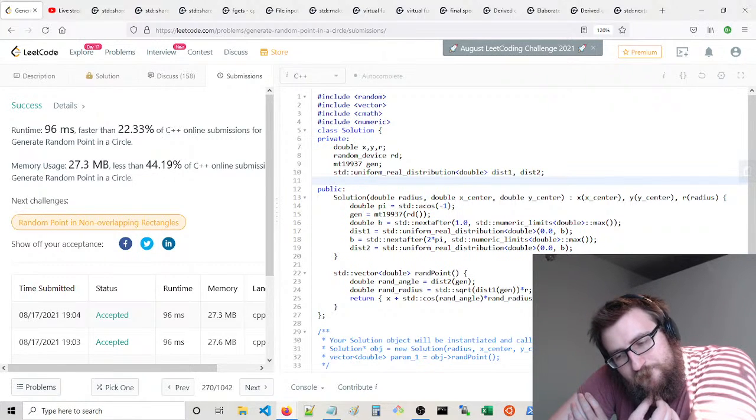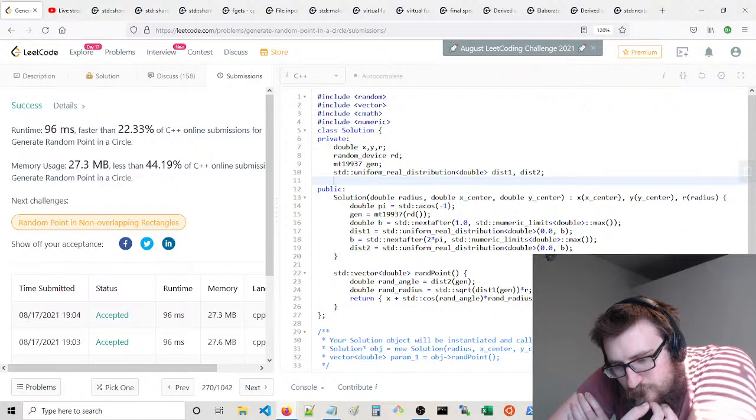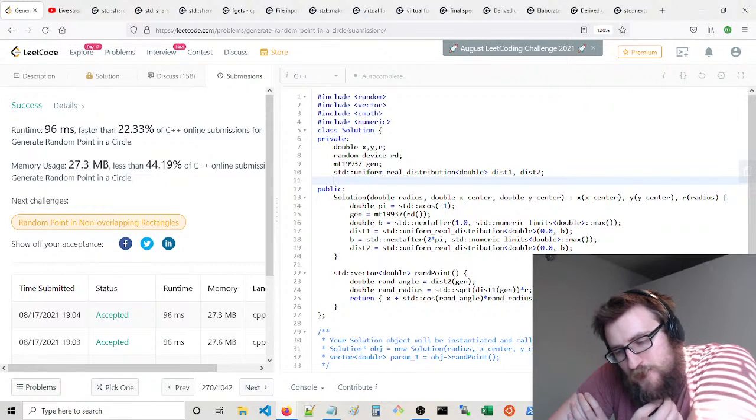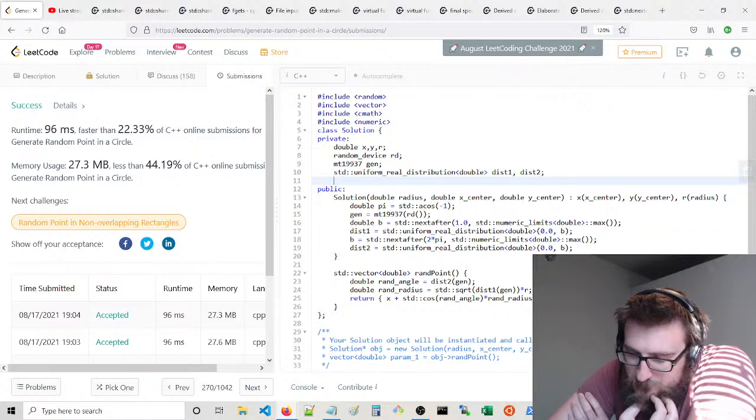Well, what are those probabilities? It's more like the probability of picking a point greater than some radius and the probability of picking a point less than that radius. You compare those numbers.